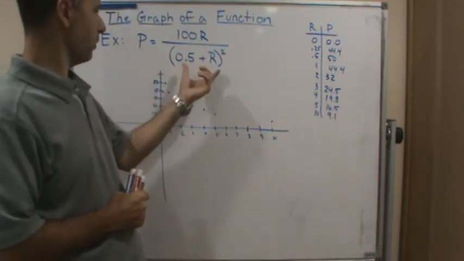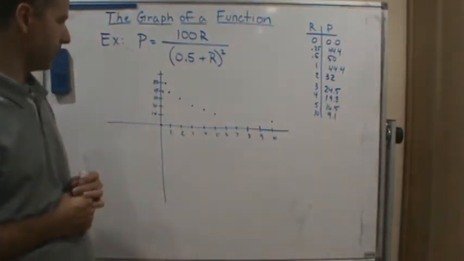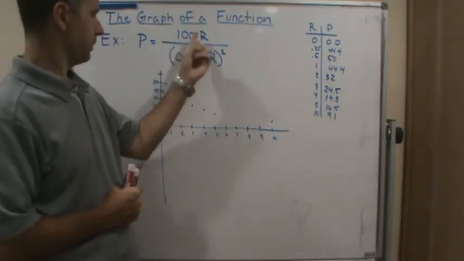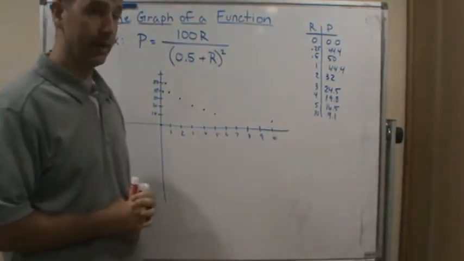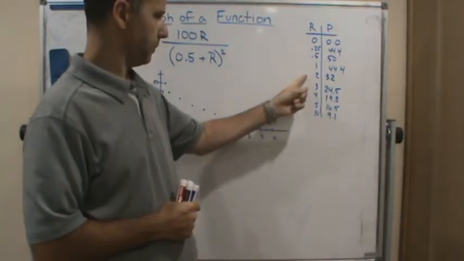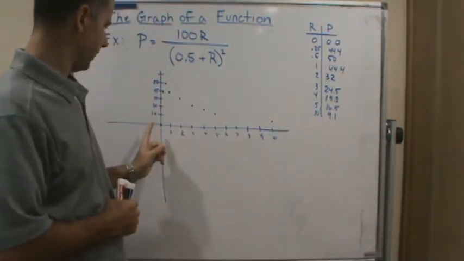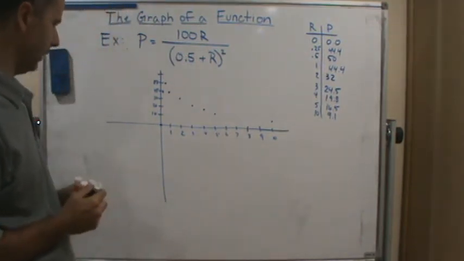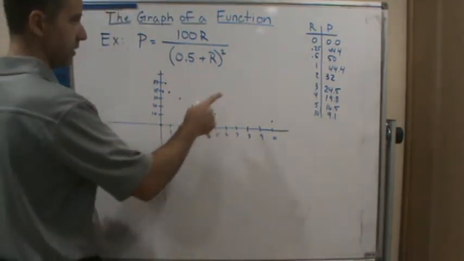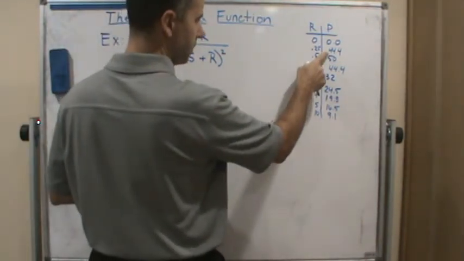And so if there's 0 resistance based on this problem, the numerator becomes 0, so the whole thing is 0. And so what I did was I plotted these points on the graph. If you notice something here, it starts at 0 and then it jumps up to this.